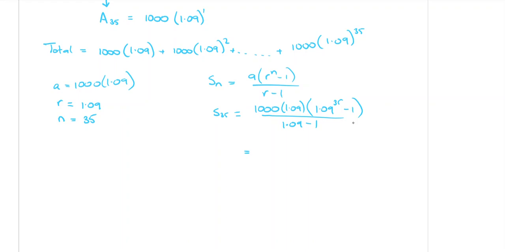Okay, so put it in your calculator. What do we get? Big number, because they've invested $1,000 for 35 years, so that's at least $35,000 that they've put in, let alone all the interest that they've earned.